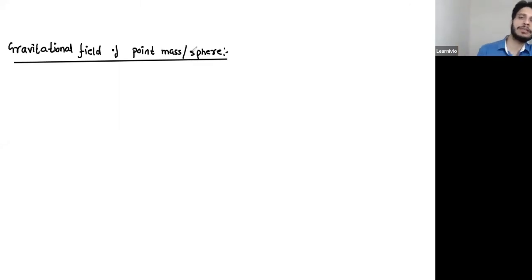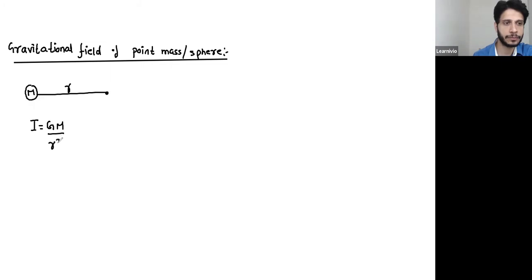For both point mass as well as sphere, the relation is the same. Say you have a point mass, capital M, and you want to calculate the field at a distance r. So at a distance r, the expression of field is GM by r square. This is the expression of field for a point mass.